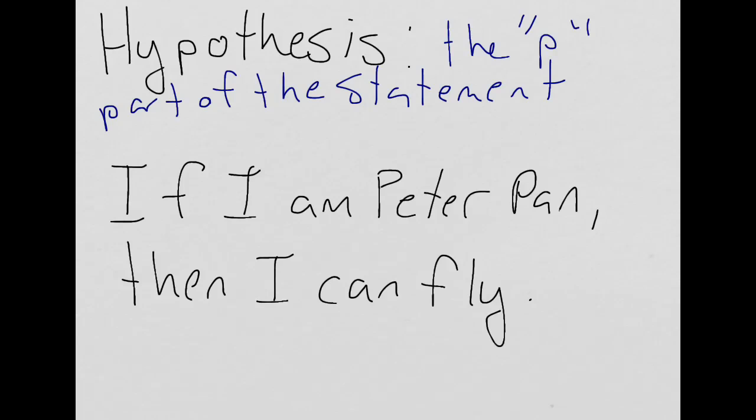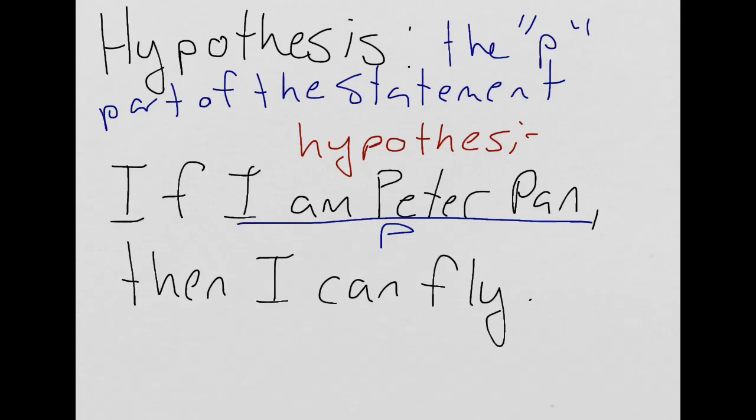Looking back at our example, if I am Peter Pan, then I can fly, we said this was P. So, if I am Peter Pan is my hypothesis.